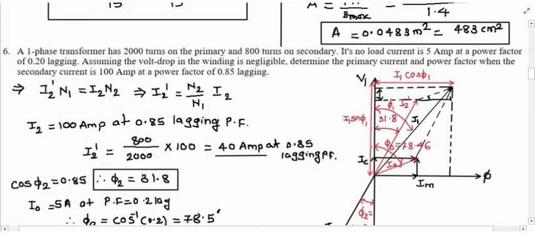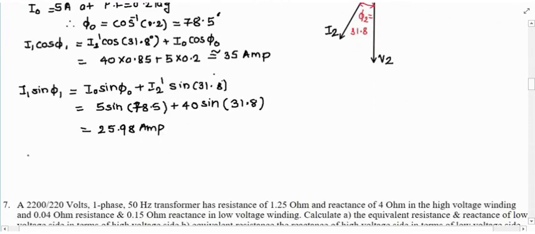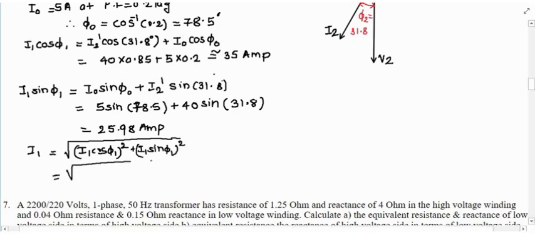And from this phasor diagram, what is my I1? This vector square plus this vector square. So I can write down I1 equals to under root of I1 cos of phi 1 whole square plus I1 sin of phi 1 whole square, which is equals to under root of, just a minute, 35 square plus 25.98 whole square.